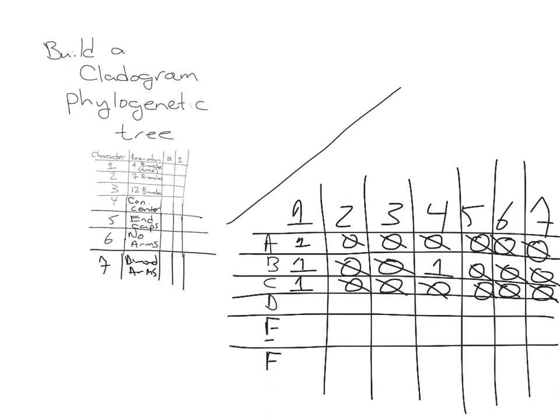D, does it have character 1? 2? No. 3? 4? 5? 6? 7? E, does it have character 1? 2? 3? 4? 5? 6? 7?